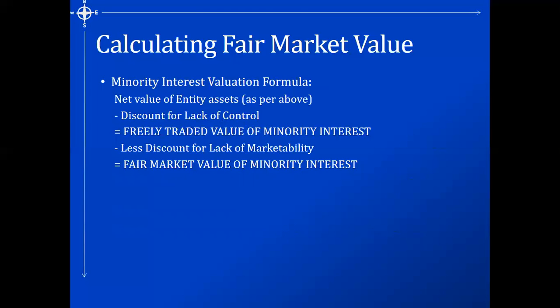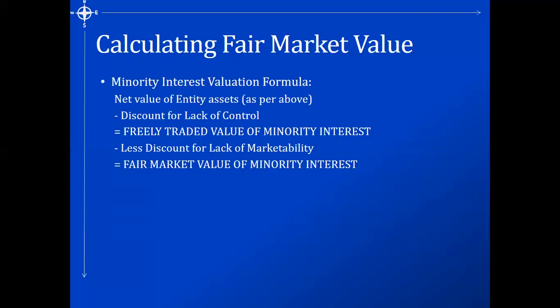At a 50% level, it does have a veto power, so that's more control than if it has less than 50%, and other people can outvote it. But if it has 50% or less, there'll be some kind of a discount because the retirement account doesn't have control over how the LLC does its business.